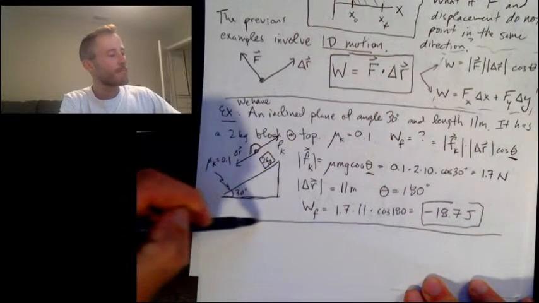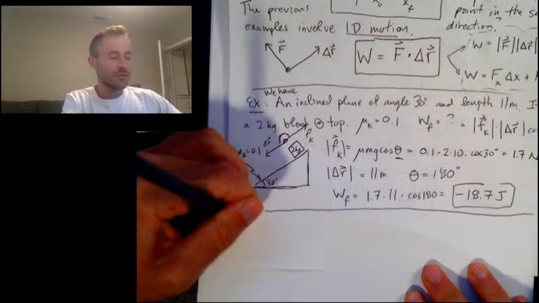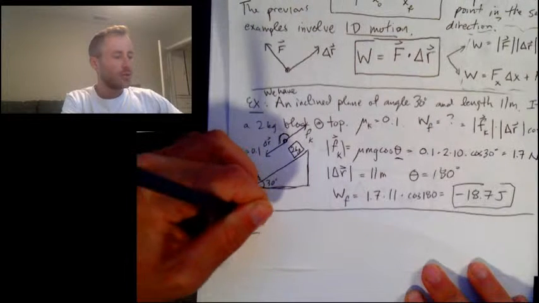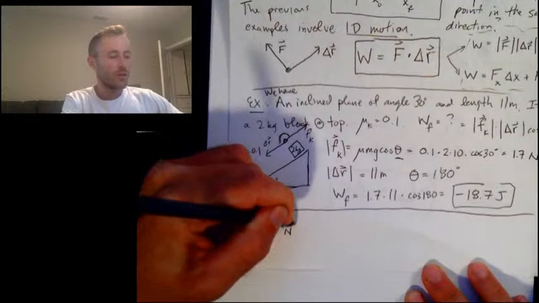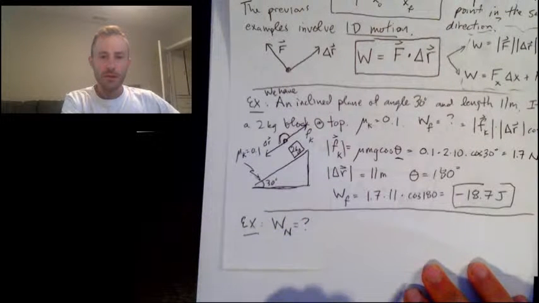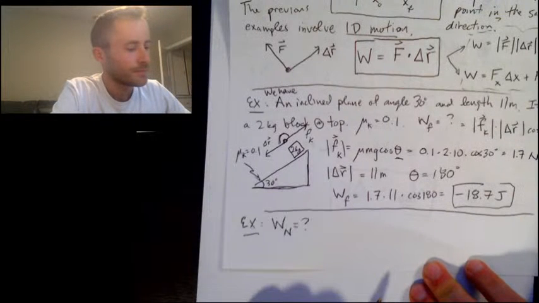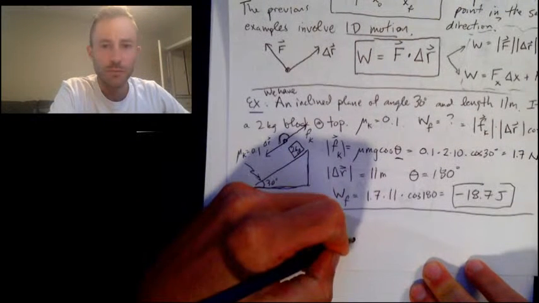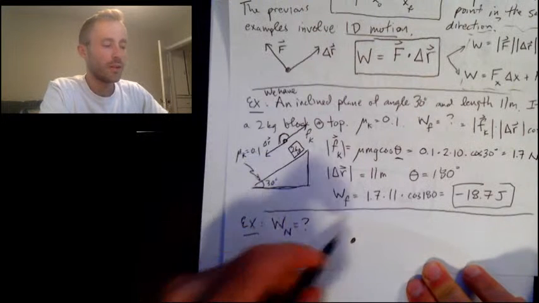All right. Let's go ahead and do one last example, which is to calculate, in this same problem, the work done by the normal force. And this is actually really easy, because if you recall, the normal force points perpendicular to the incline.